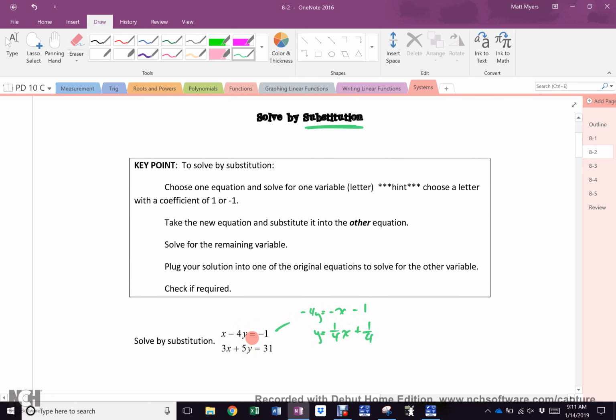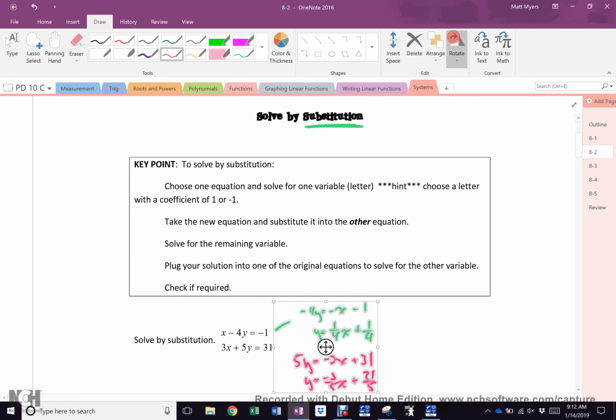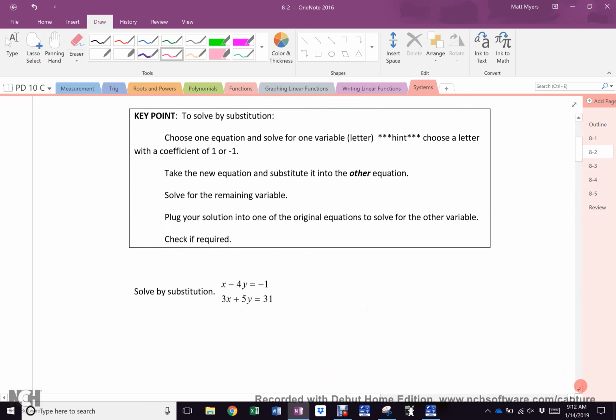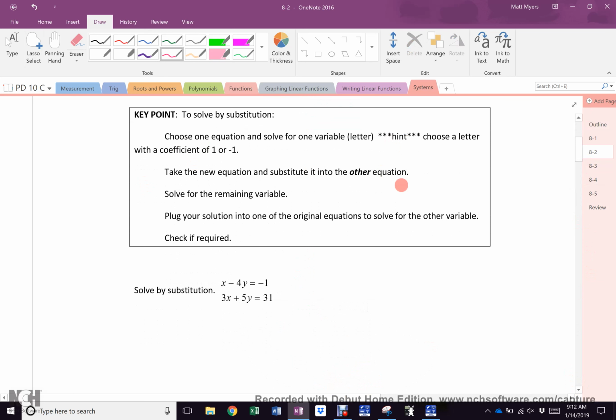No. This one would be 5y equals negative 3x plus 31, y equals negative 3/5 x plus 31 over 5. You want to graph those? I don't, so we're not going to. We're going to use an algebraic solution to get the best answer we can. And this tells you how to do it, word for word in order.